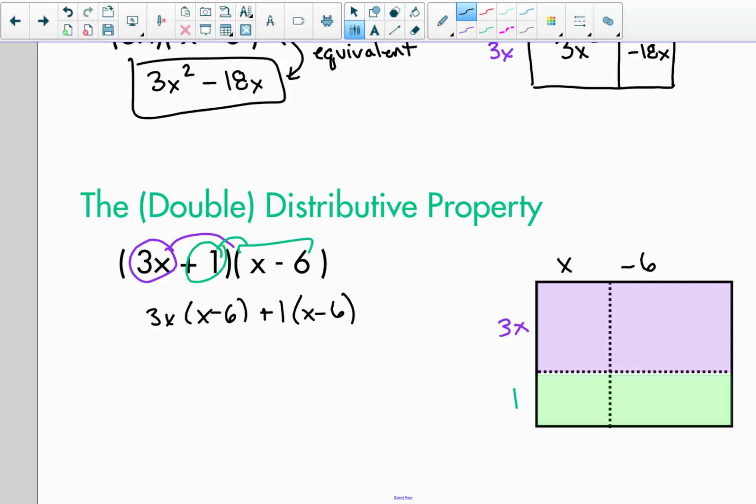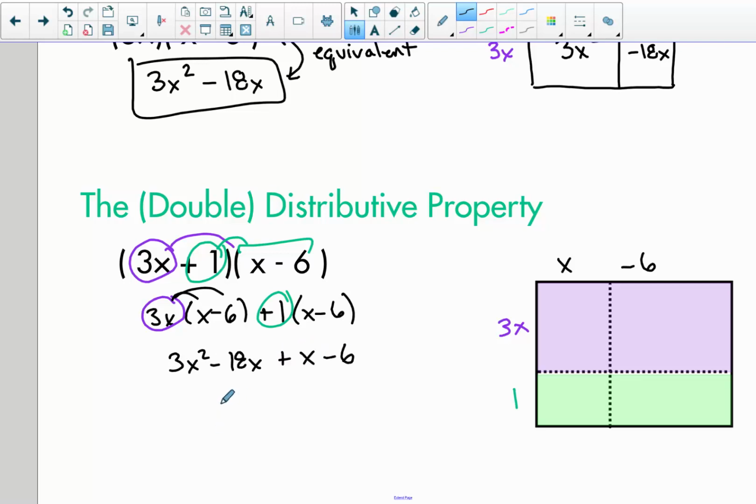Notice I'm not color coding here, but hopefully you're seeing each of those two terms. That's the 3x, and that's the plus 1. Then you would just continue to distribute again, which are the little individual areas. So minus 18x plus 1x minus 6.